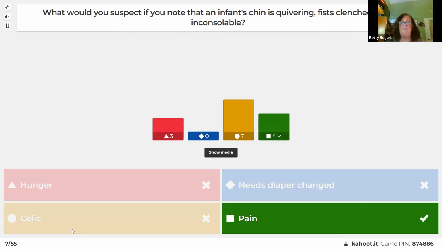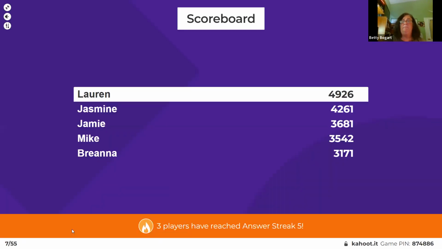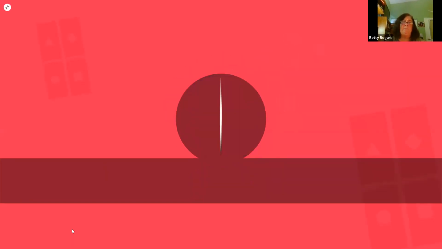Their faces, their legs, their activity, they're crying, right? Their fists are clenched and the chin is quivering. That is all about pain, okay? That is a telltale sign. And when you have a child who's crying and you can't console them, you know that they're in pain, okay? That's probably the biggest word there that showed you it was pain.